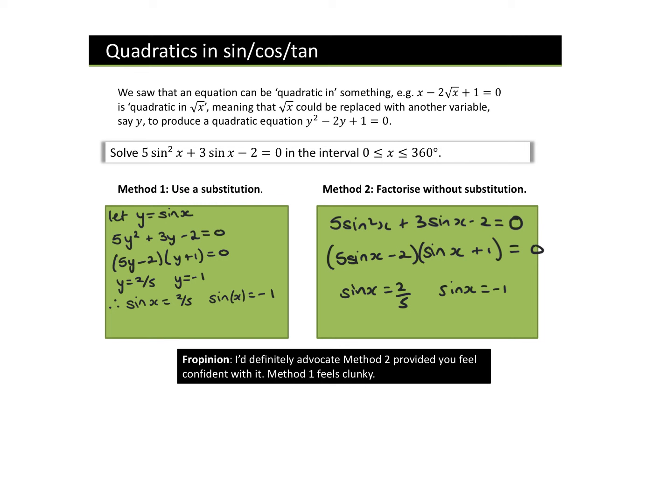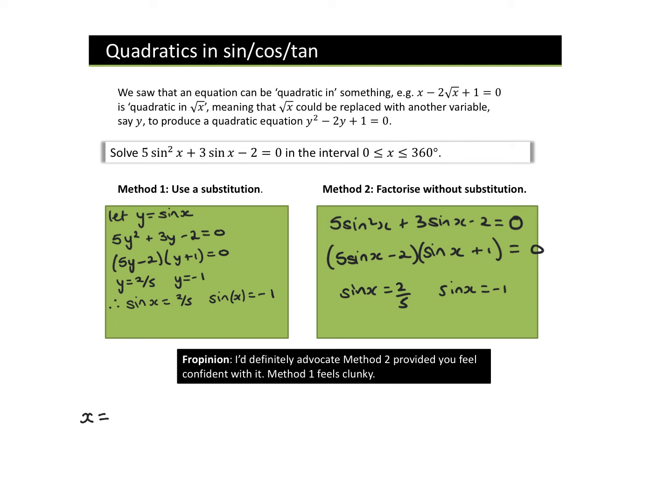Okay, so now what we have to check is that 0 is less than or equal to x is less than or equal to 360 degrees. So what we can do now is we can use our CAST diagram. So I have sine of x equals 2 over 5.